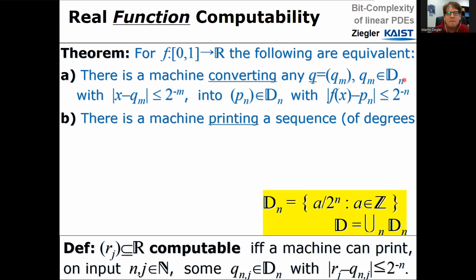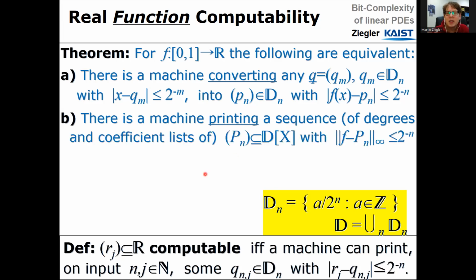Another definition is the output-only definition. That's a perspective of a real function as a static object, namely output a sequence of approximating polynomials, like in Weierstrass, right? Output a sequence of dyadic polynomials. Every single dyadic polynomial is finite, right? It has a finite degree and therefore a finite number of dyadic coefficients.